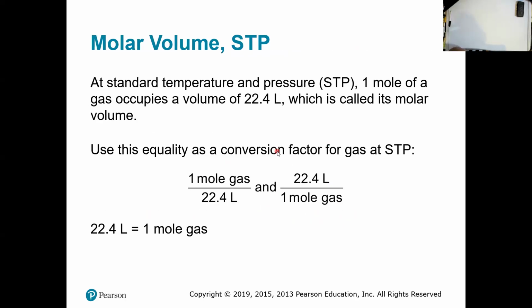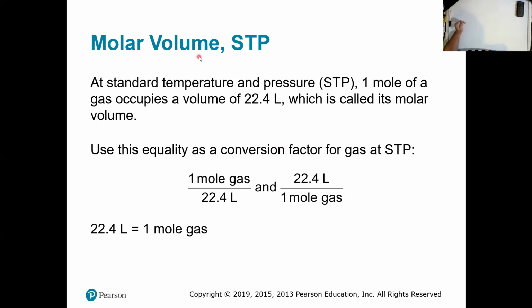And when you use the standard temperature and pressure, you can create relationships of the other properties. For example, molar volume is one of these other properties that emerges once you apply standard temperature and pressure.